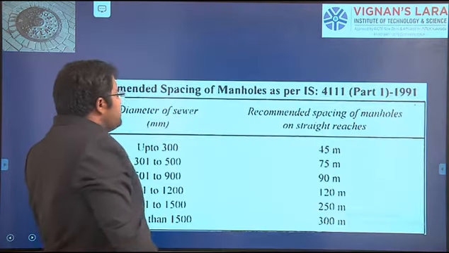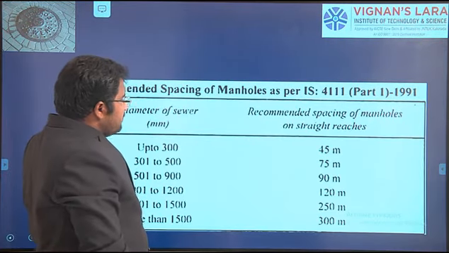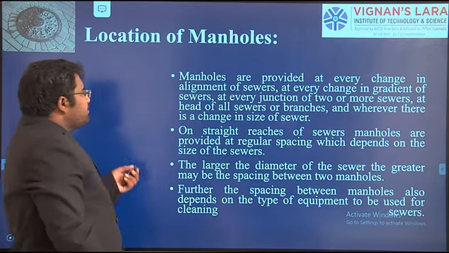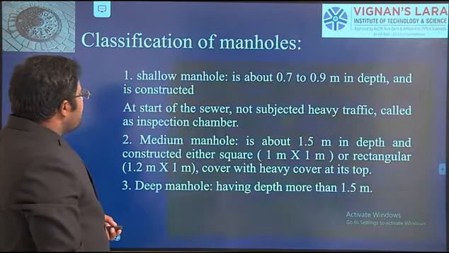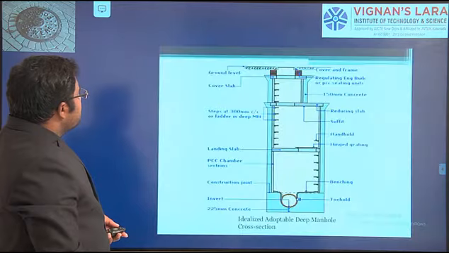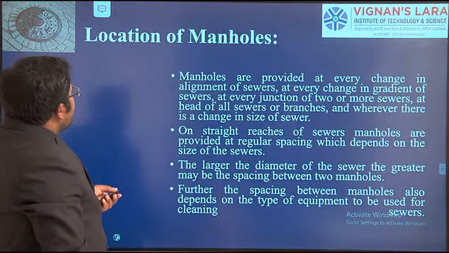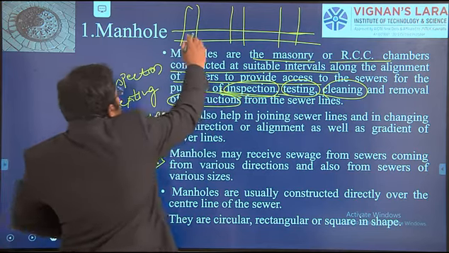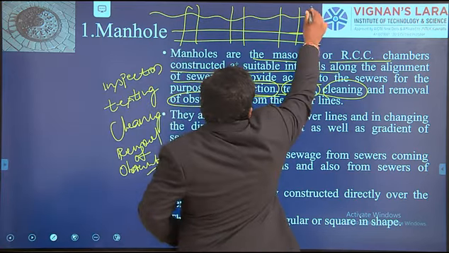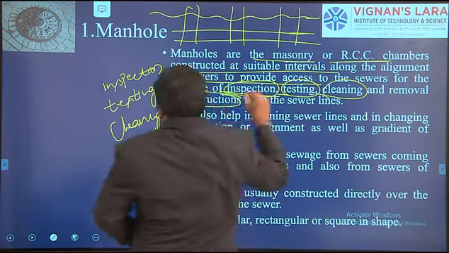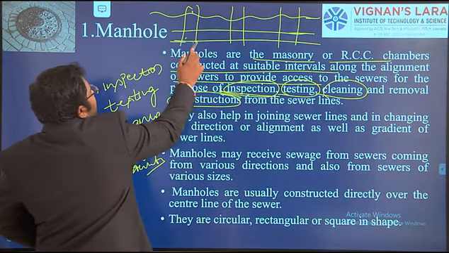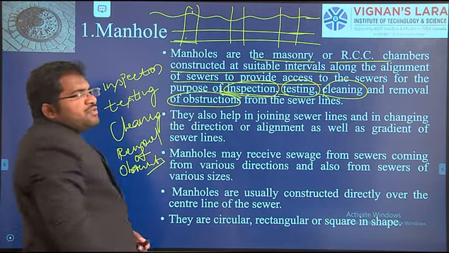Normally, sewer pipelines will be at some depth, suppose 1 meter or 2 meters deep, and from there we have access to the sewer pipeline. Why do you need to access the sewer line?